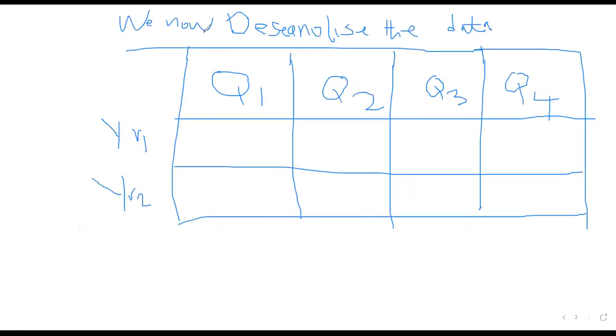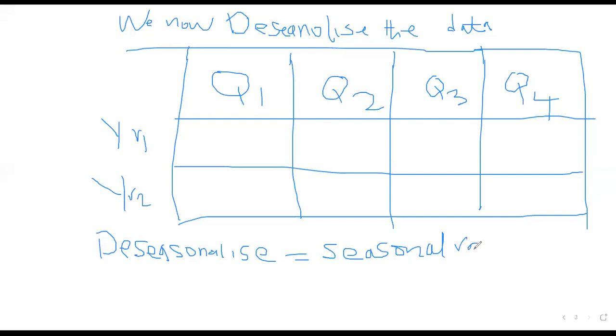Okay, so now to deseasonalize the data, we divide the seasonal values by the seasonal index. So seasonal values divided by seasonal index. What I mean is the first one was 9.2.